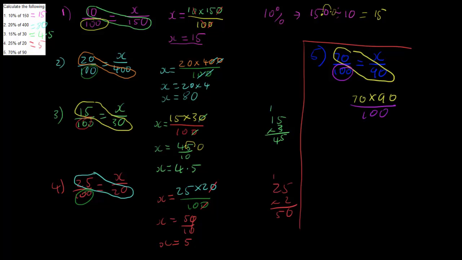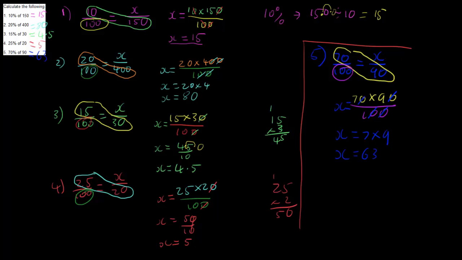That will give me x. I can cancel out that 0 with that 0, and that 0 with that 0, and that leaves me that x is 7 times 9, and 7 times 9 is 63. So my last value, 70% of 90, is 63.